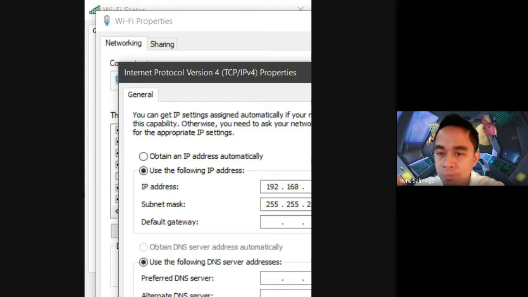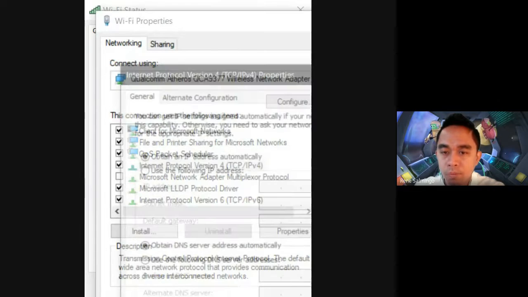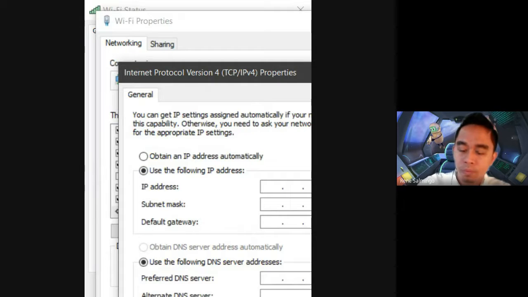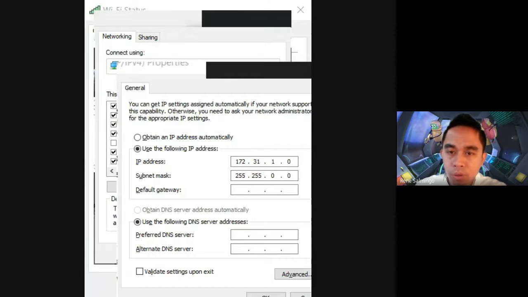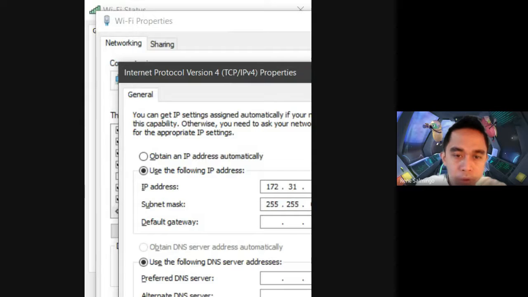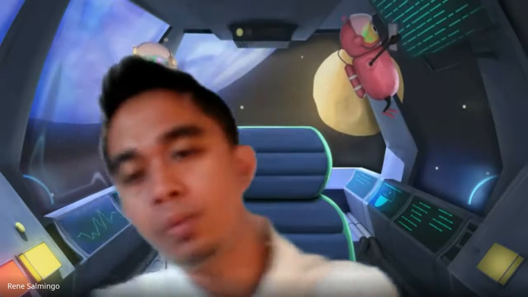This means this is 0, and we use again. So that is class B. So this is how you're going to check your IP address. We go back now to our PowerPoint. That's how easy it is to identify and also configure your IP address.